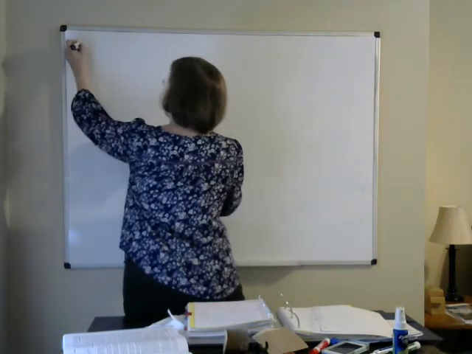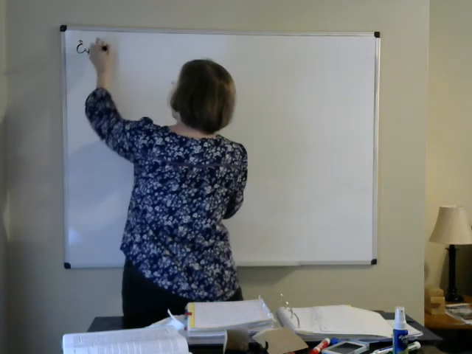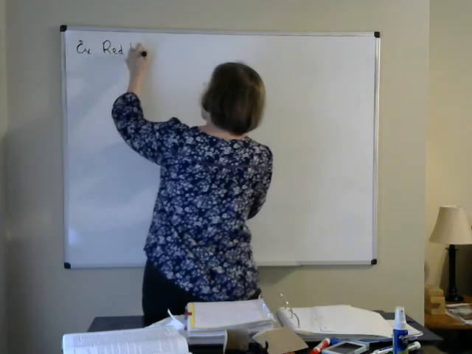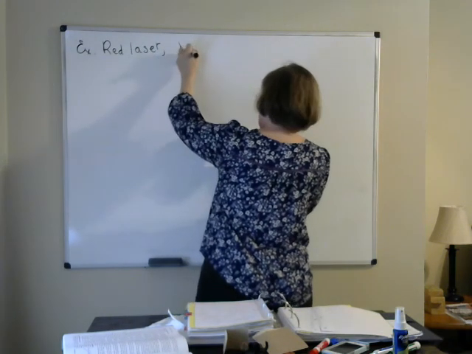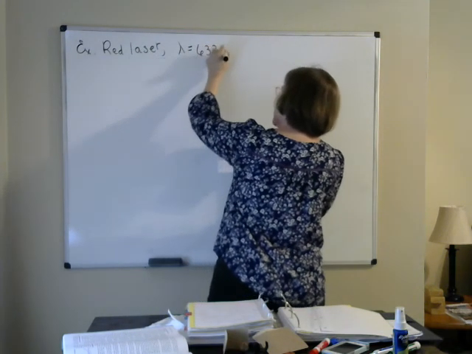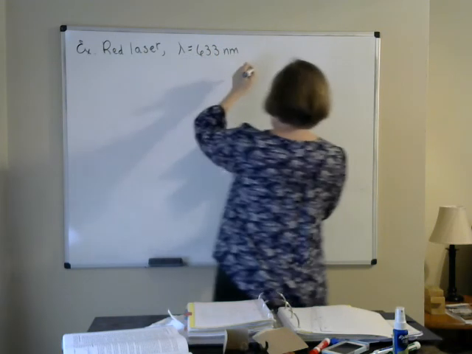Okay, this example says I have a red laser, and it has a wavelength of 633 nanometers in air.